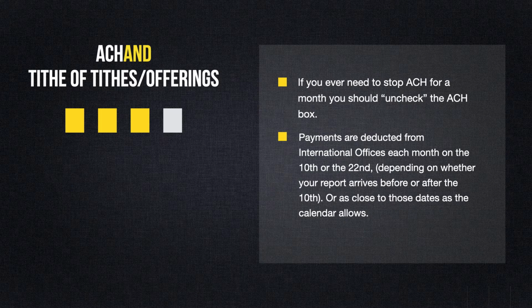If you ever need to stop ACH for a month, you should uncheck the ACH box. Payments are deducted from international offices each month on the 10th or the 22nd, depending on whether your report arrives before or after the 10th, or they will process them as close to those dates as the calendar allows.